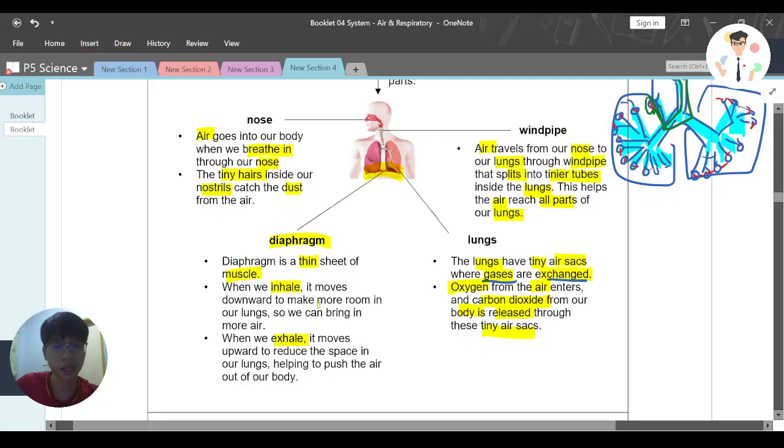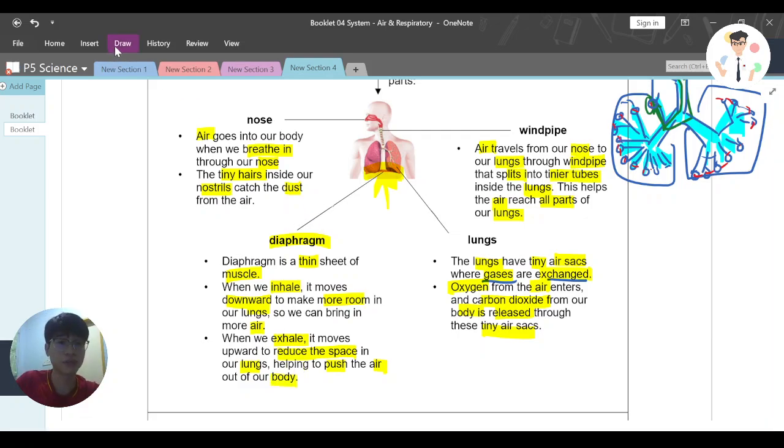When we inhale, meaning we breathe in, the diaphragm moves downwards. Why? Because when it moves downwards, it makes more room in our lung. The lung is able to expand, and we can bring in more air. On the other hand, when we exhale, it goes upwards, because it reduces the space in our lung and pushes the air out of our body.